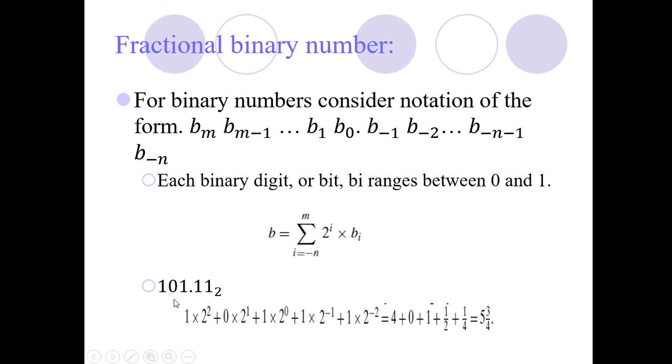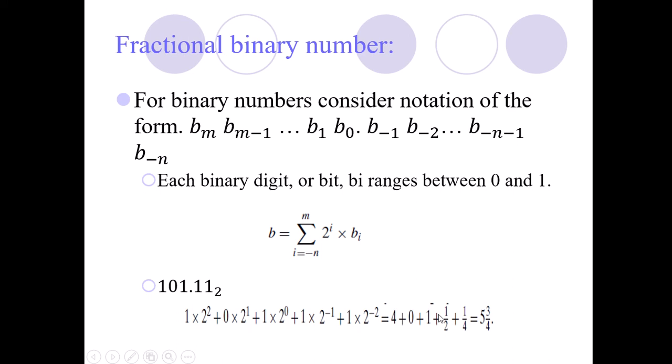So this one will be multiplied by 2 raised to power 2, 0 will be multiplied by 2 raised to power 1, and 1 will be multiplied by 2 raised to power 0. And if you look towards the right side from the point, then this one will be multiplied by 2 raised to power minus 1, and this last one will be multiplied by 2 raised to power minus 2.